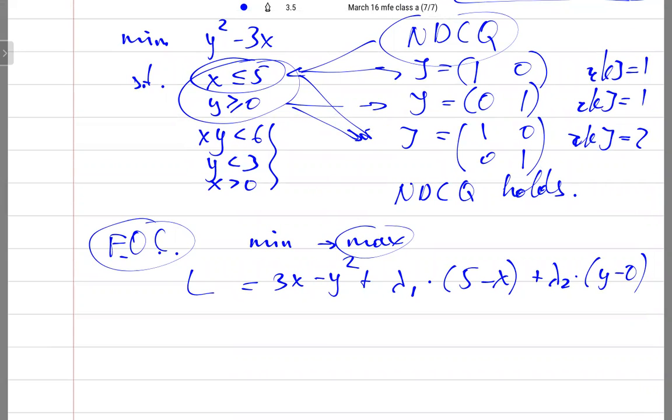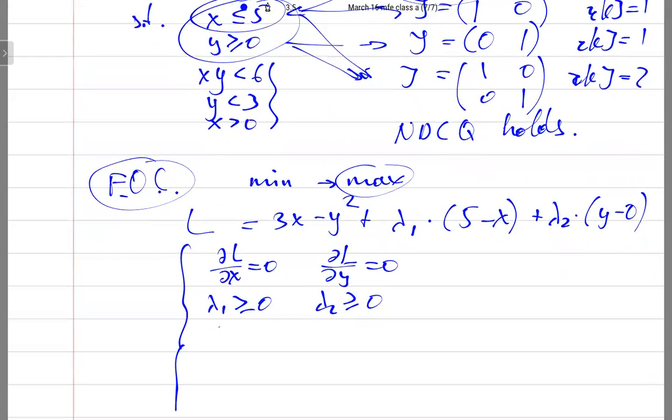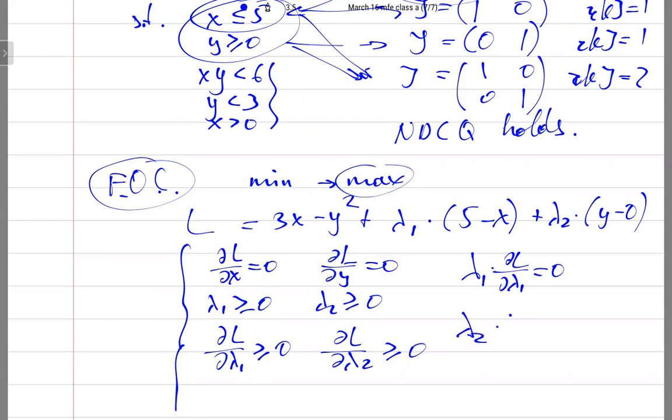Once again, the Weierstrass theorem will be applicable. So let's write all first order conditions. dL with respect to dx is 0, dL with respect to dy is 0, lambda 1 is non-negative, lambda 2 is non-negative, dL with respect to d lambda 1 is non-negative, dL with respect to d lambda 2 is non-negative, complementary slackness conditions lambda 1 dL d lambda 1 is 0, lambda 2 dL d lambda 2 is 0, plus non-active constraints, we just copy them.